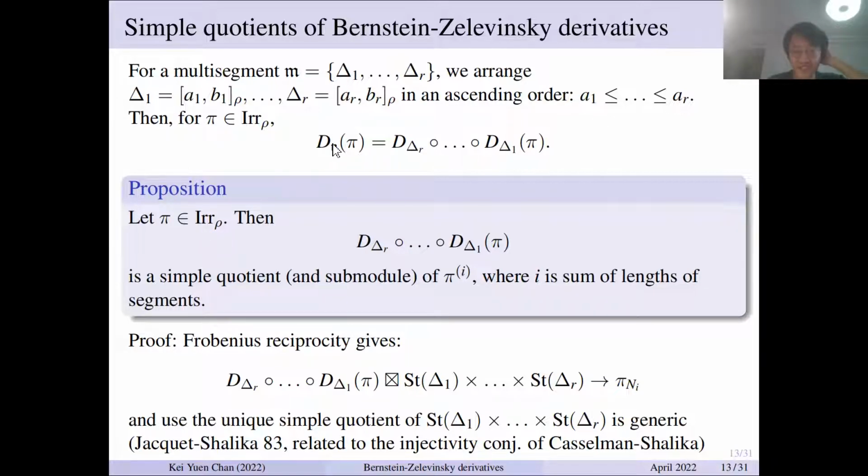So for the multi-segment m, here pi, then there is a sequence of derivatives D_delta_1 up to D_delta_r in the fixed ordering. Of course there may be more than one ascending order, but you can prove that it is independent of such ordering, just by some formal basis. And one thing is related to the Bernstein-Zelevinsky derivative.